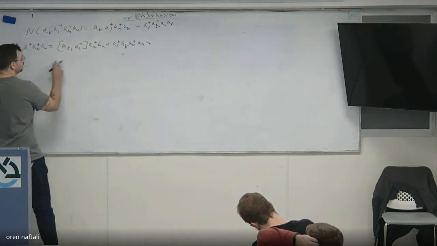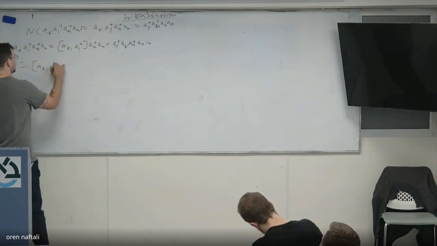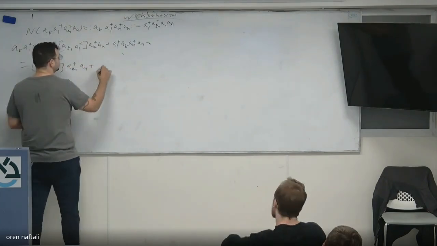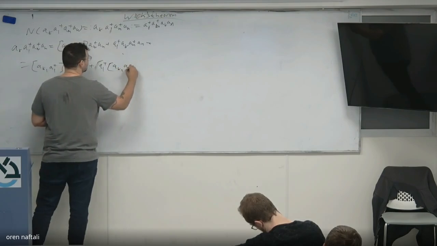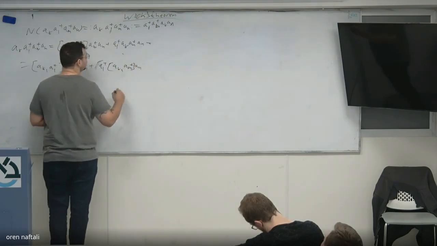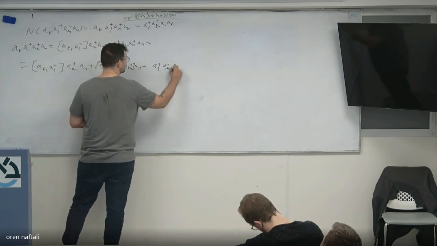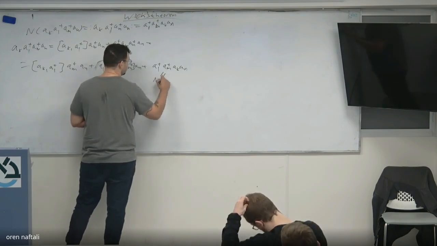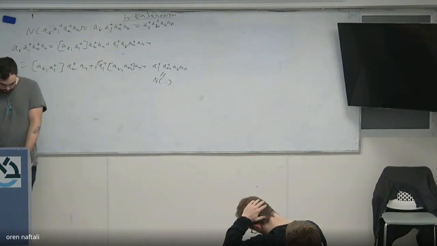And then I'm just going to do it again for this term. a_k a_l dagger a_m dagger a_n plus a_l dagger a_m dagger a_k a_n plus delta_kl a_m dagger a_n. This, of course, in normal order is 1. All right.